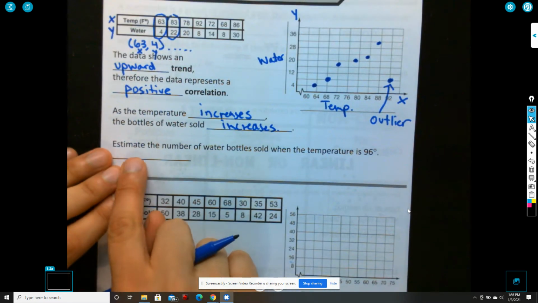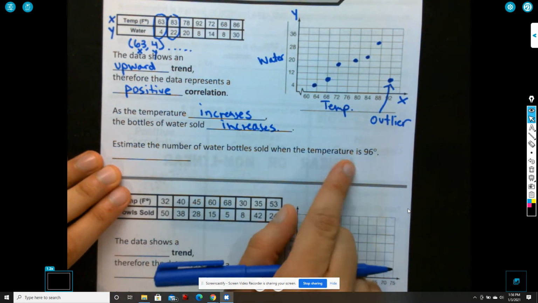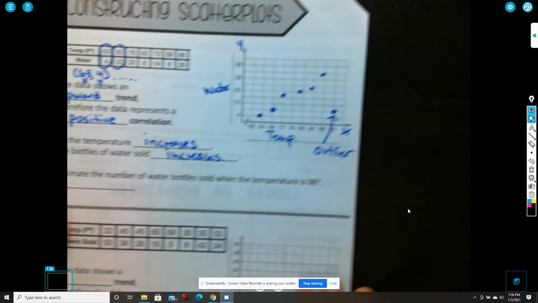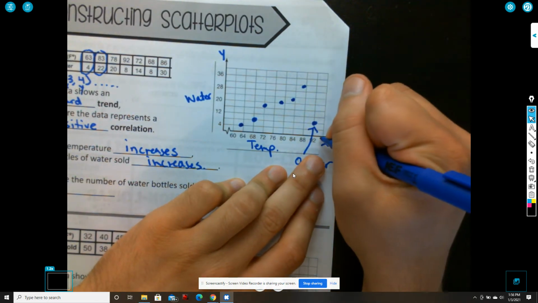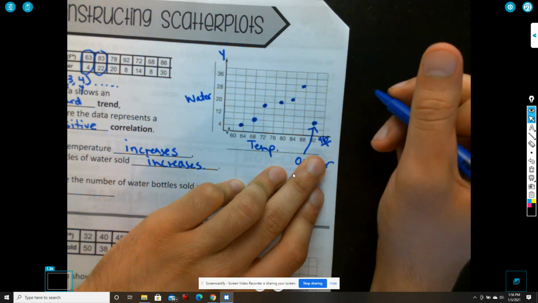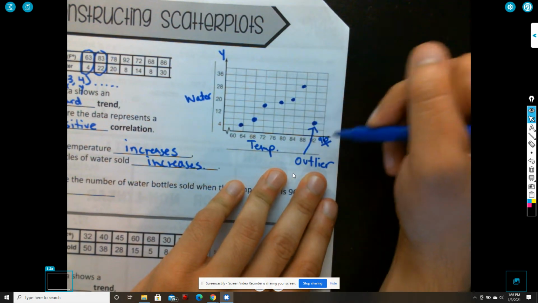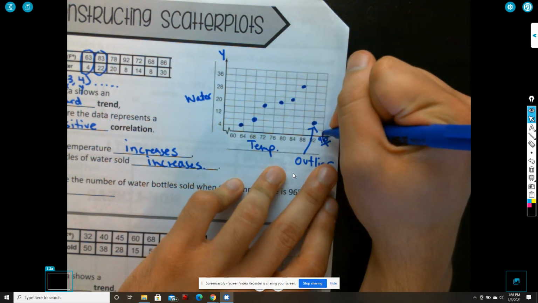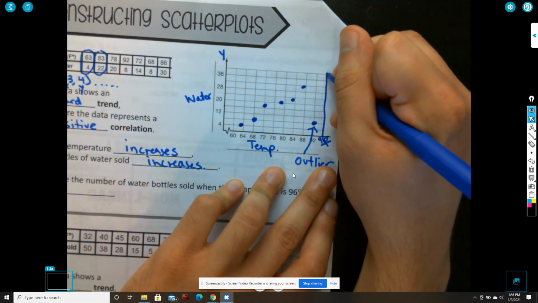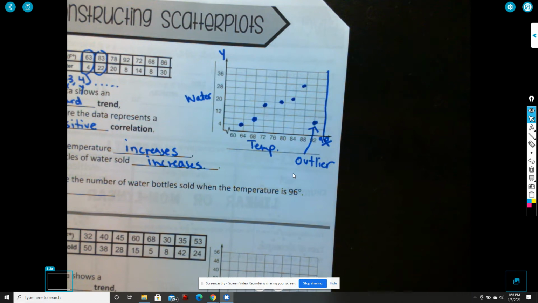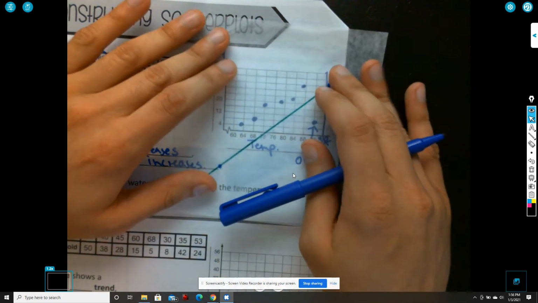All right, so now it says estimate the number of water bottles sold when the temperature is 96. So 96 is about right here. It wants us to estimate where the dot is going to be at 96, so where the coordinate is going to be on this line. How you do that is you use your patty paper.